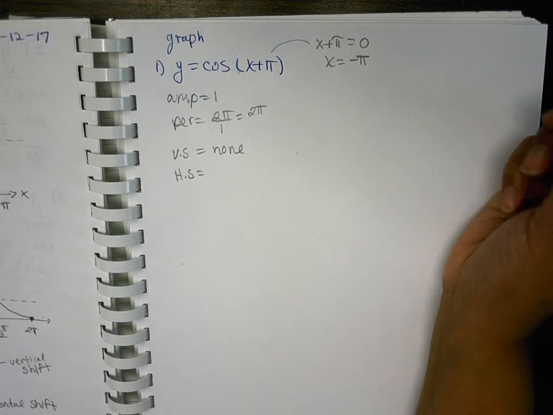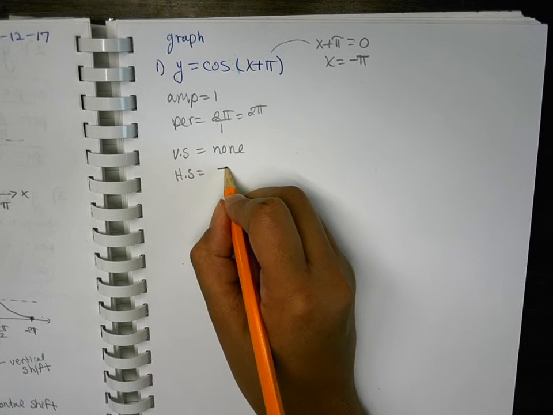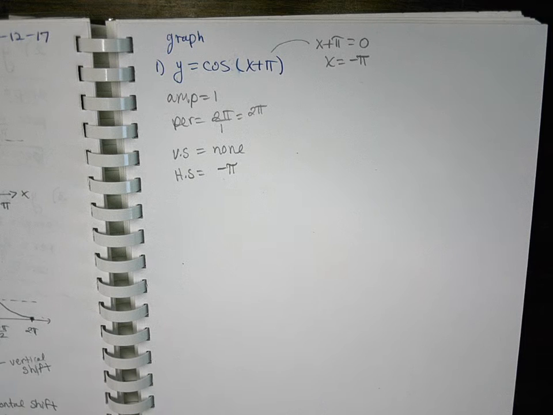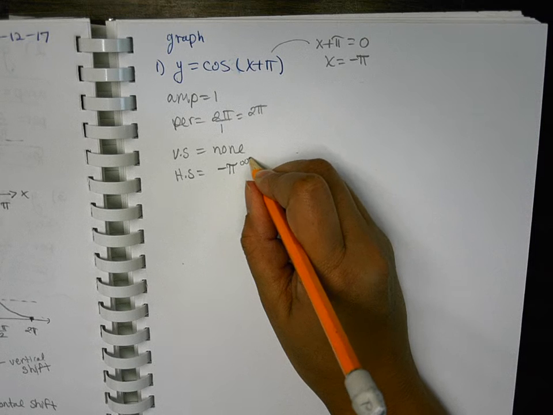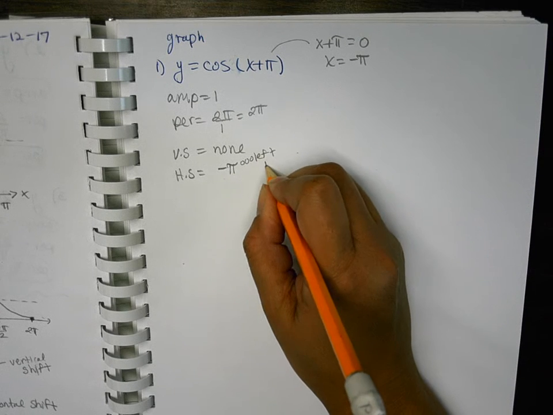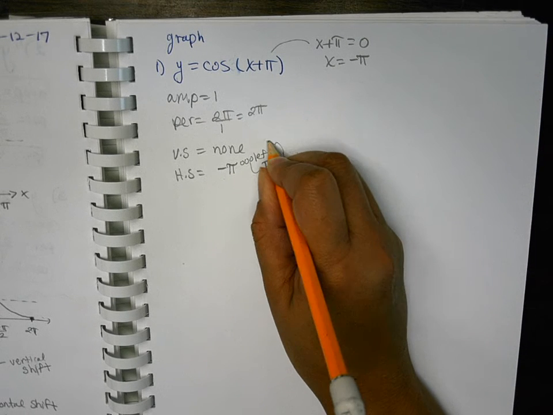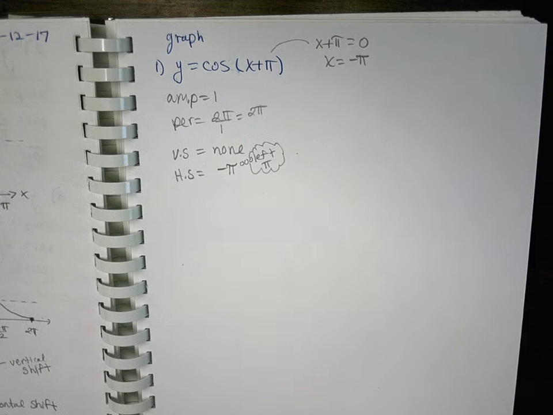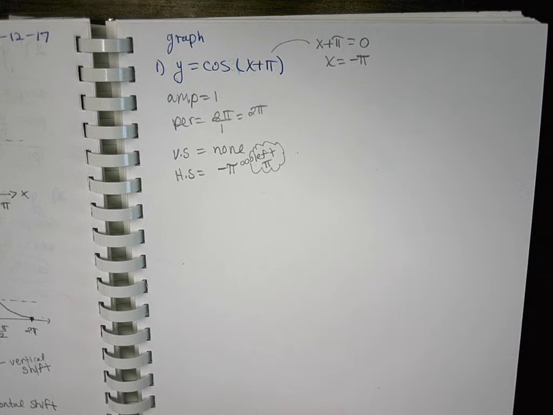Okay. Horizontal shift is negative pi. What does that mean? We're going to move left pi, so I'll put a little note there. Left pi. Got it? Okay.